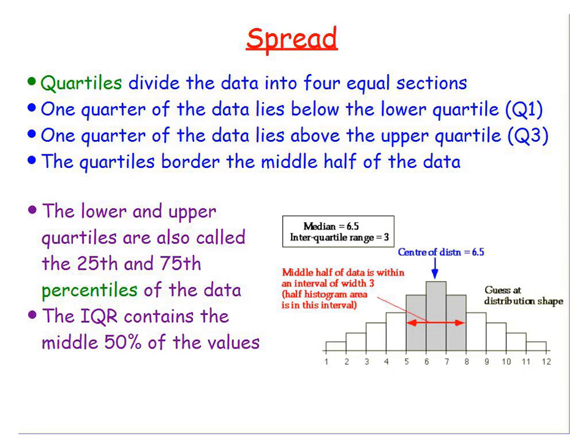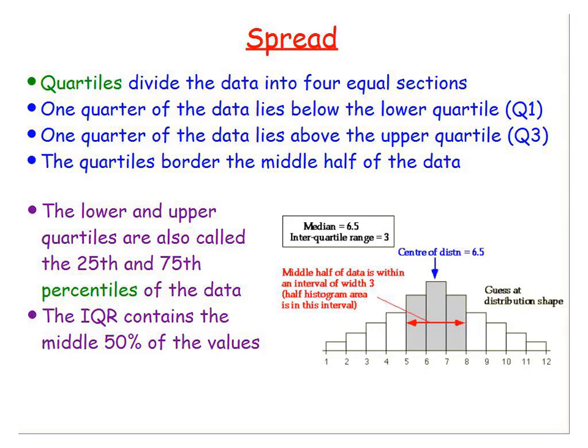Now, let's look some more at quartiles. The quartiles that we discuss divide the data into 4 equal sections. You think quartile, quarter, that's where you get the idea of 4 from. 1/4 of the data lies below the lower quartile, so 1/4 is below Q1. 1/4 of the data lies above the upper quartile, or Q3.